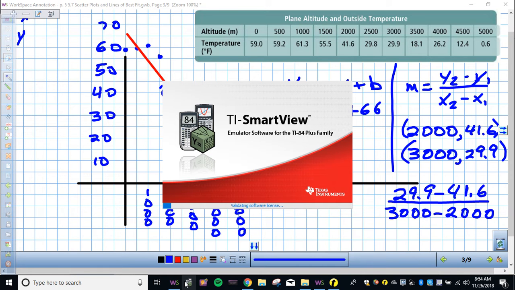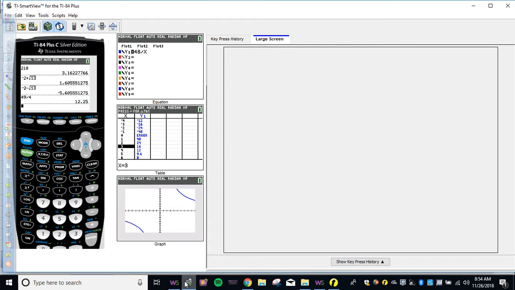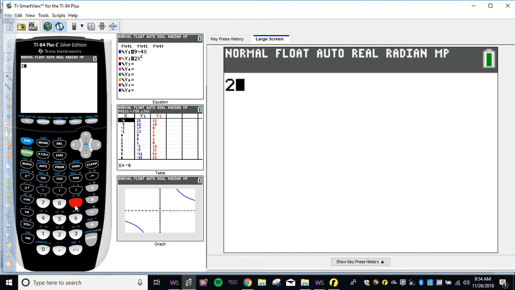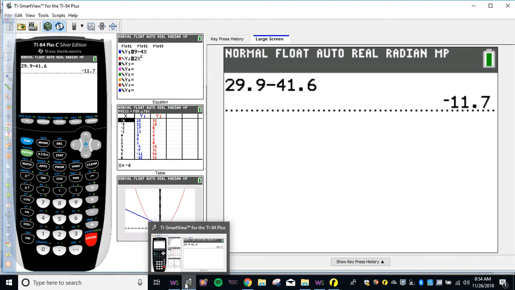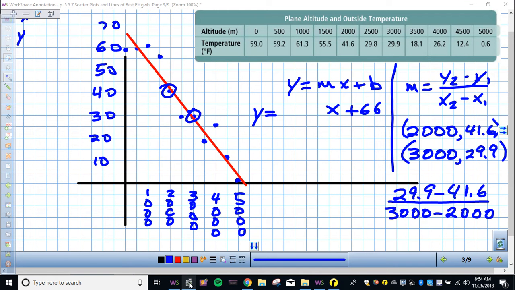You can read, yay. 29.9 minus 41.6. You get 11.7, negative 11.7, thank you. So the slope is negative 11 point, what was it, 6? 7, thank you, over 1,000. And you can just leave your slope like that.